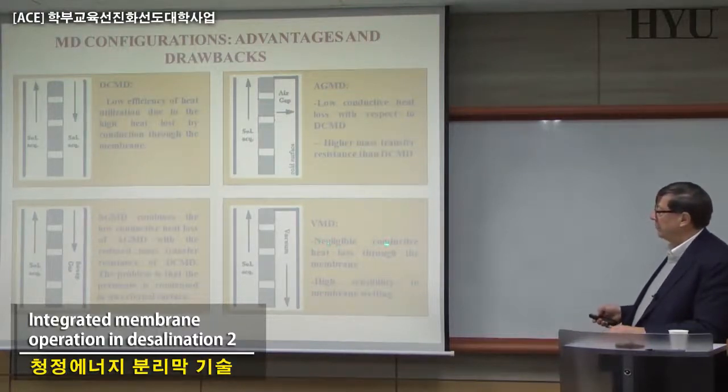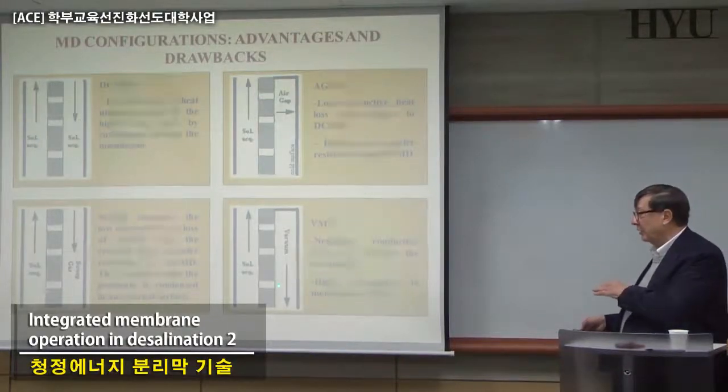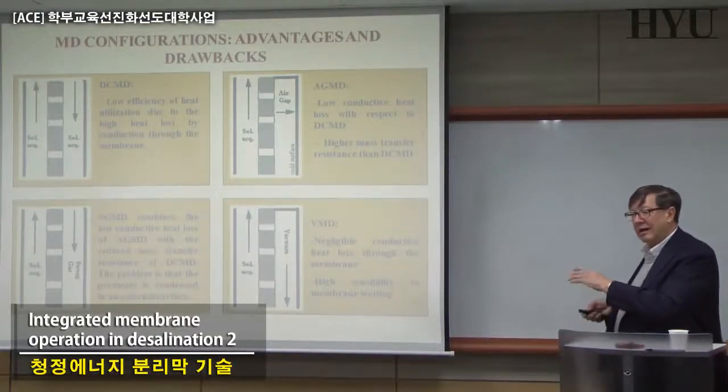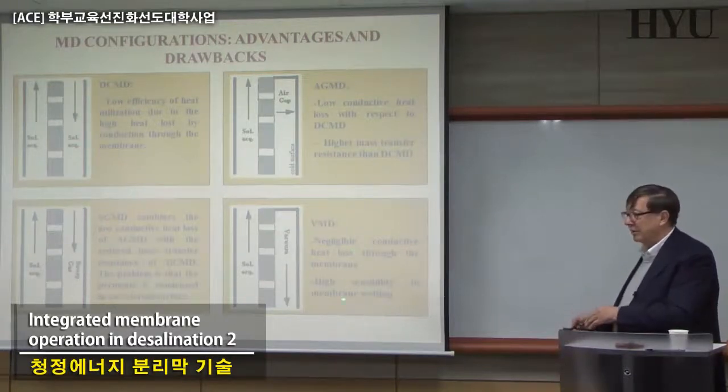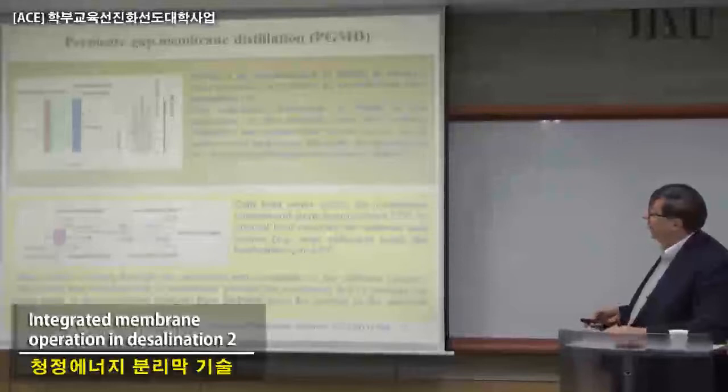Here the same, VMD has negligible conductive heat loss to the membrane, but it has a very high sensitivity to wetting, to the fact that the hydrophobic character disappears and the membrane becomes hydrophilic, etc. So there are some positive aspects, some negative ones. But again, a very open field.